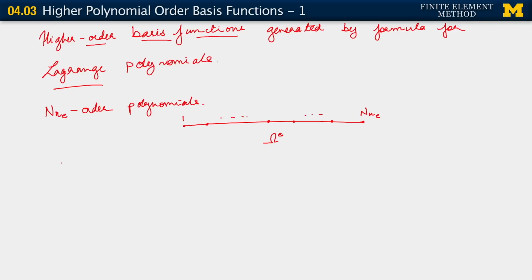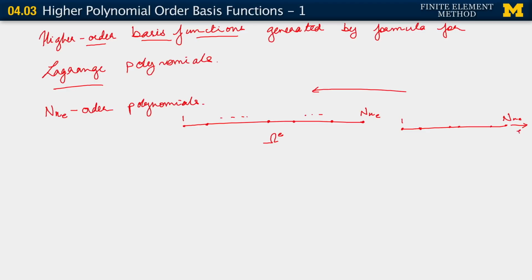In this setting, again we are saying that this element comes to us from a parent domain, where likewise we have the same number of nodes as well. That's node 1, that's node NNE.